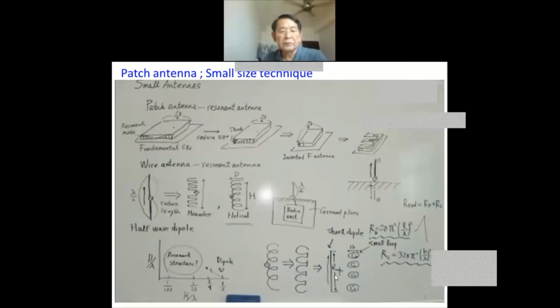So when reducing size, the input resistance becomes very small. In the case of less than 1/10, this ohmic resistance situation is a problem.